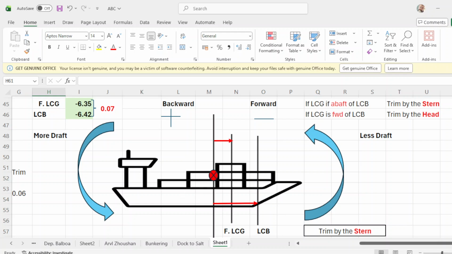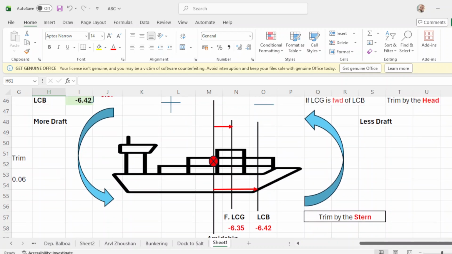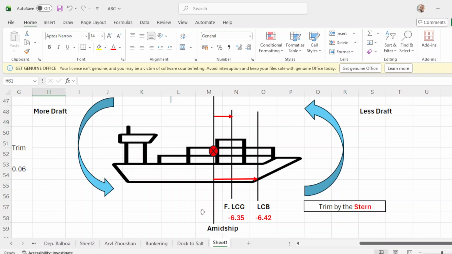Then another explanation is, okay, if this is your midship, when you say final LCG, it means the weight of the vessel plus the weight of cargo or whatever weights on board. The gravitational pull of the weight of the vessel and the cargo will push the vessel downward.